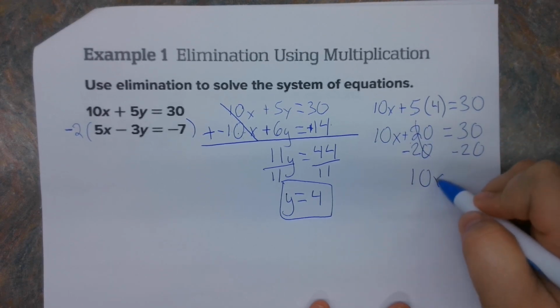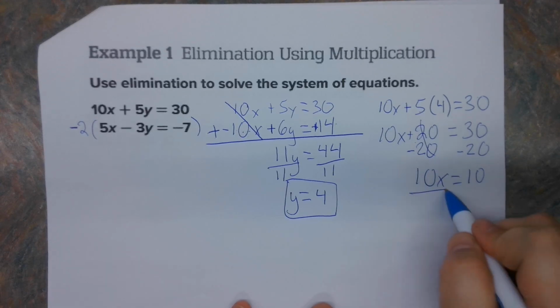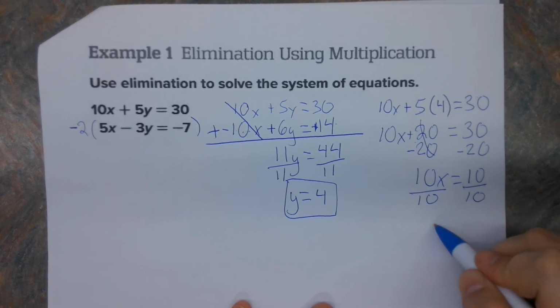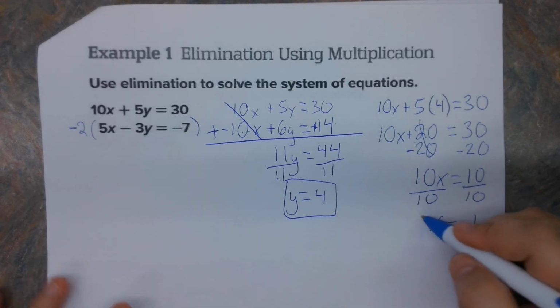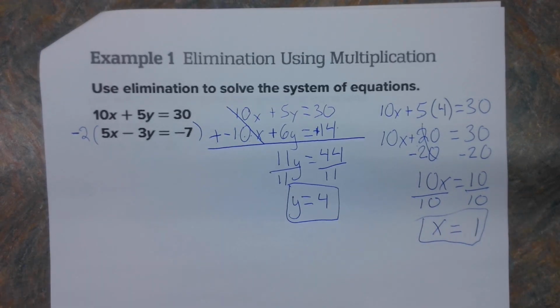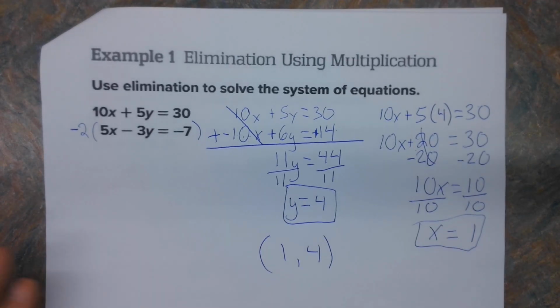So I have 10x equals 30 minus 20, which is 10. Oh, that's easy. Divide by 10, divide by 10, x equals 1. Remember, you write them as an ordered pair, and x has to come first. So this is (1, 4).